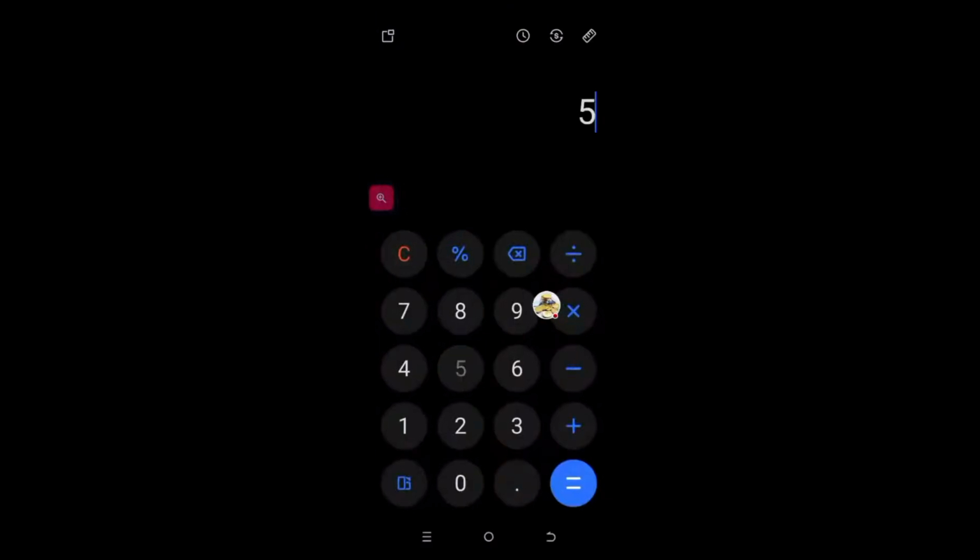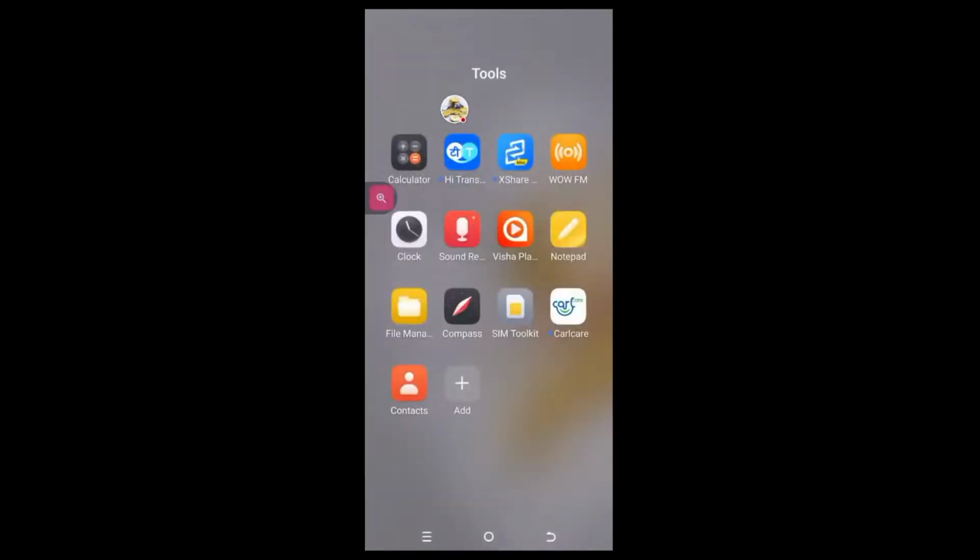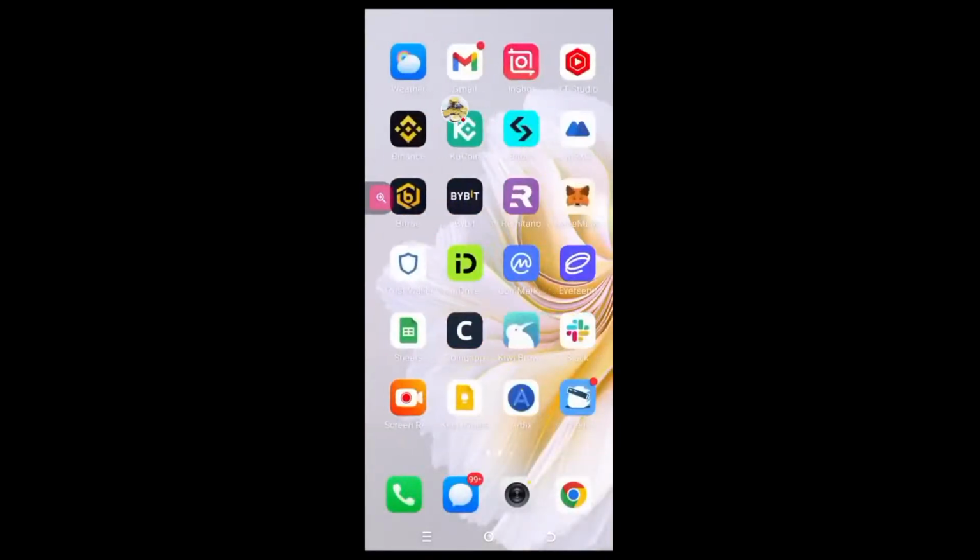So 50, let's check how much that is times 1.3. Was that 60? That's 61. That should be 1.22, I guess. Yeah, 1.22%. So that's good enough, my dears. You don't have to be greedy.